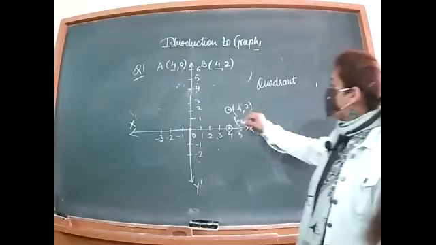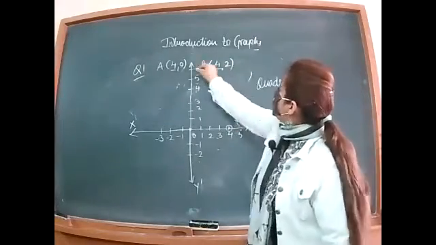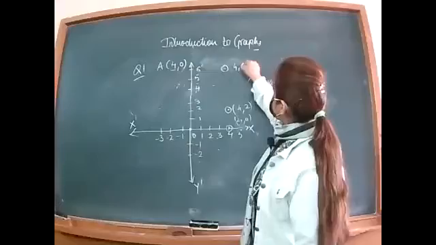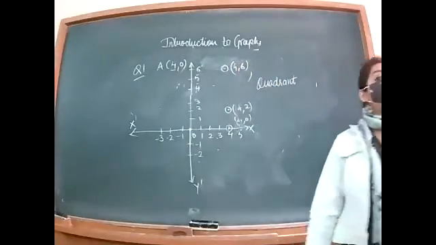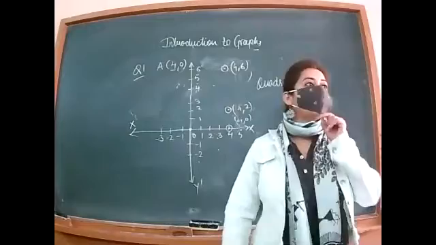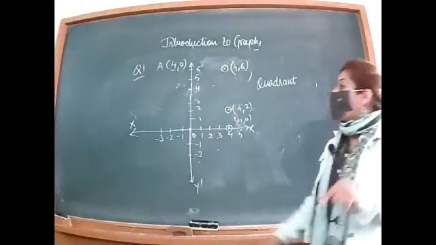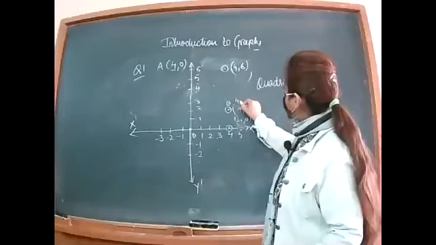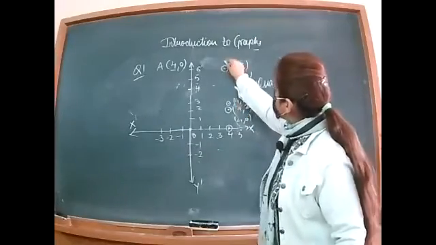Next is 4,6, x is 4, y is 6, 4,6. Next is 4,2.5, x is 4 and y is 2.5. Yes, 2.5 will lie between 2 and 3, so it will lie in between these two. So this is 4,2.5. Now let's join them.